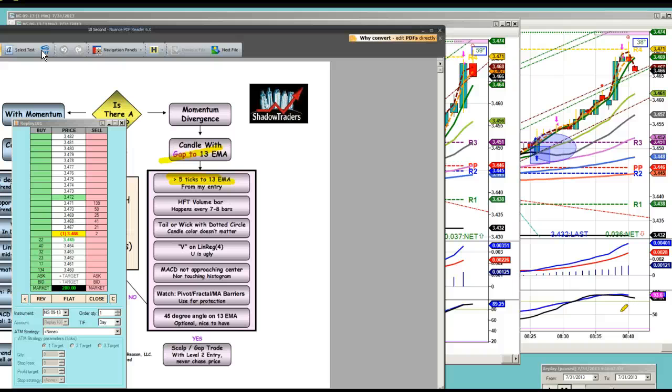So at least we know we are in the right position, which is overbought, so we expect things to come down, but we still have to follow the rules. Do we have ourselves a gap trade criteria? So we're looking for 5 or more ticks. We're looking for the tail of the wick with a dotted circle.